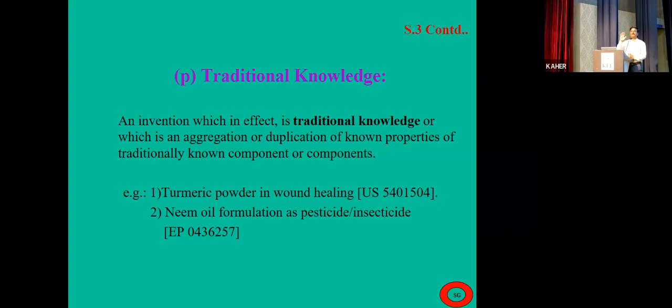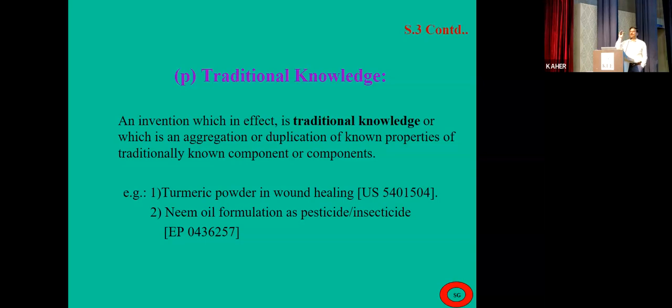So these are the limitations for the health sector, especially methods of treatment, or drugs, new forms of a known substance, new use of a known substance or admixture of substances. You cannot get patents for these, or for traditionally known drugs. This morning the Vice Chancellor sir was referring to the neem patent.